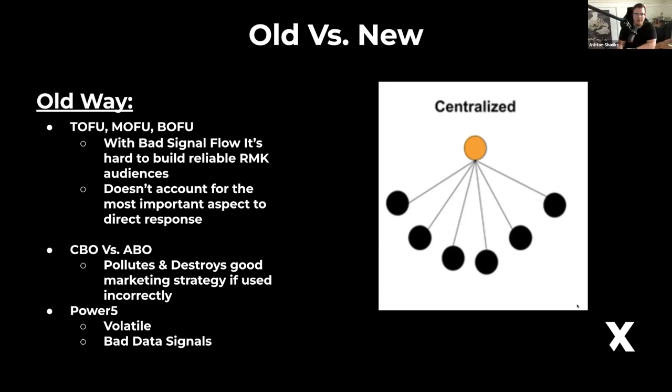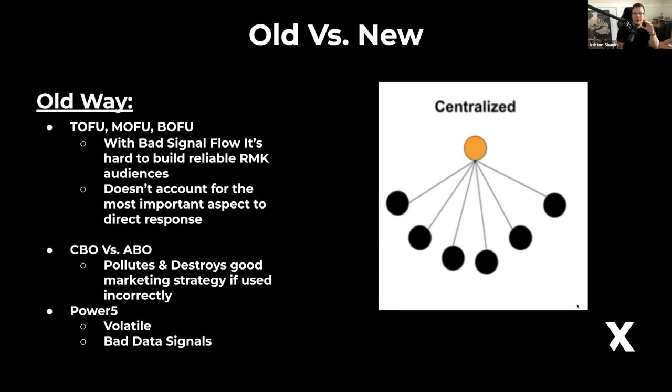100%. So to cover some of the concepts that we have here, why is it that CBO versus ABO, right? When you're only using that kind of decision-making to build campaigns, it creates convoluted and distorted data signals back to you. It presents to you information that might not actually be accurate.